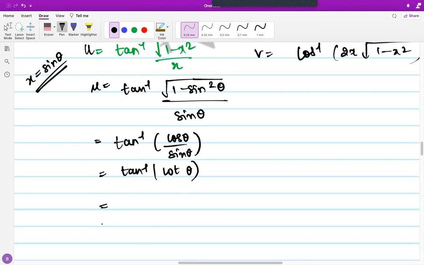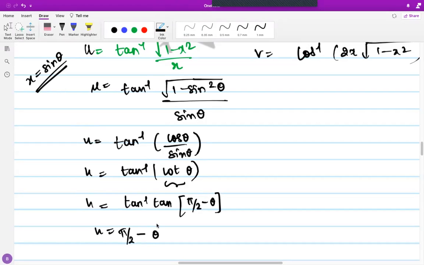So that equals tan inverse of tan of pi by 2 minus theta, because I'm going to change it. So that will be y equal to... not y, I have taken u, right, yes, so we shall change it. Now u equal to pi by 2 minus theta.